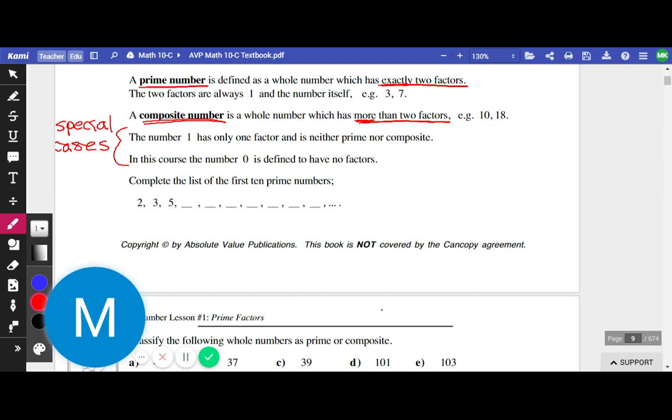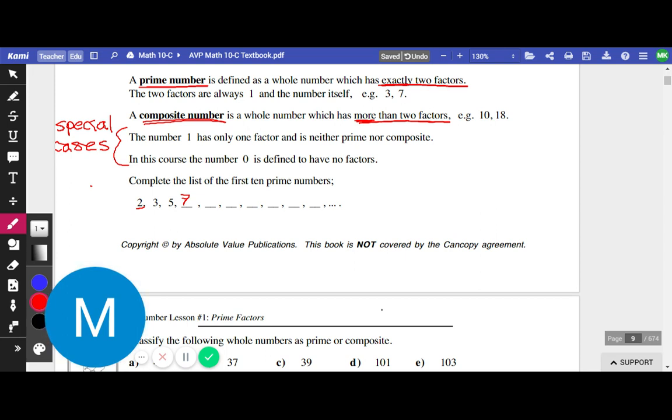The next prime number would be 3, because it has two factors. The next one would be 5, because 5 only has two factors, 1 and itself. And if we keep going, 7 would be the next prime number, because it only has two factors, 1 and 7.